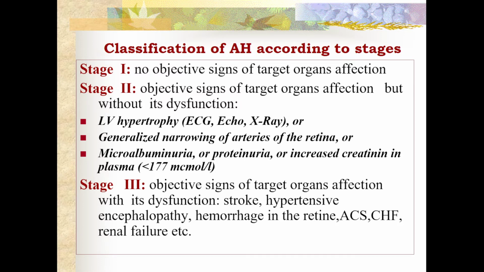In our practice, stage 2 is characterized by the appearance of left ventricle hypertrophy, which we can reveal on percussion, on objective investigation, or by instrumental methods, more correctly by ECG, echocardiography, or X-ray.